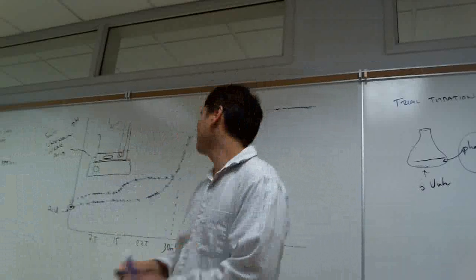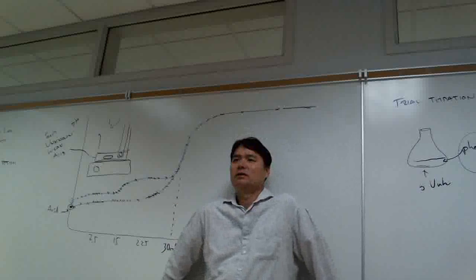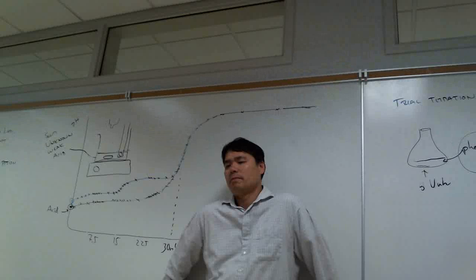But near the equivalence points, we need to collect data at what interval? 1 drop intervals. But let's say we do have a diprotic unknown, the phenolphthalein doesn't detect the first equivalence.